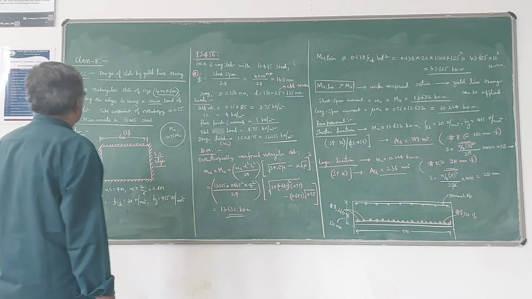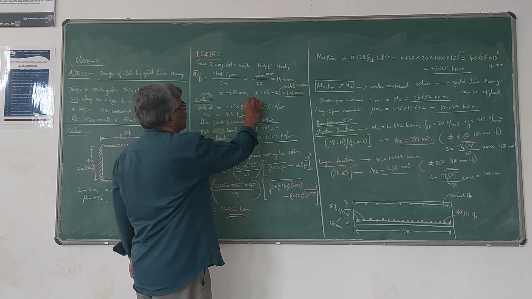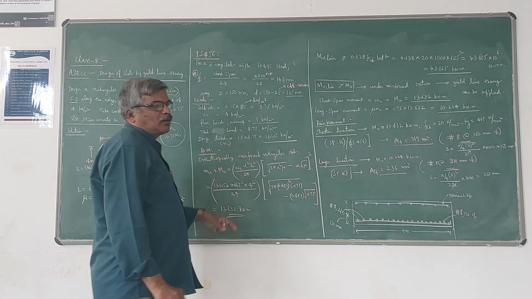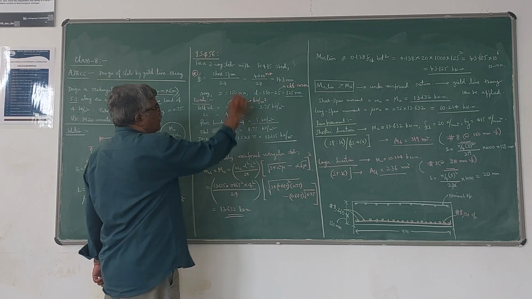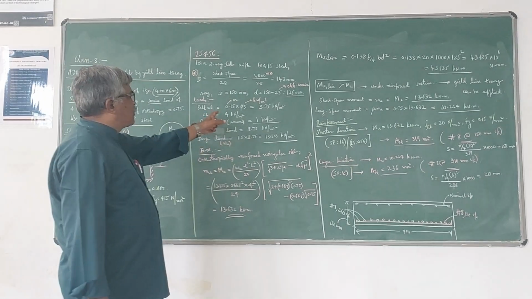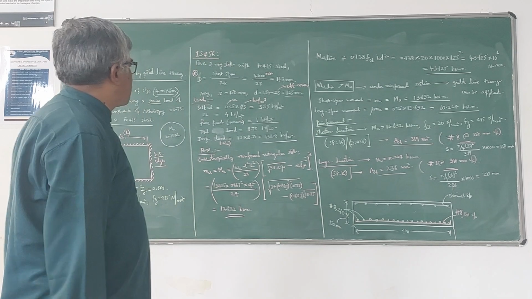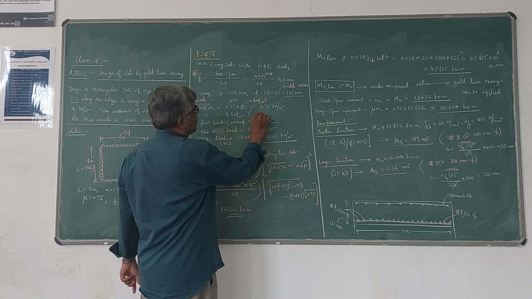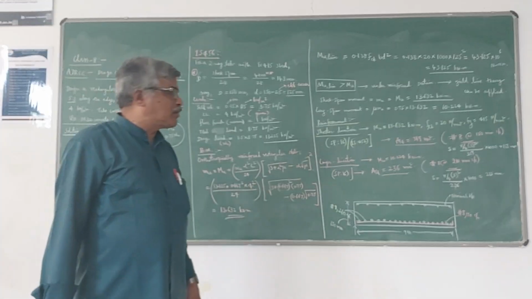Now for self weight, of course, 25 kilonewton per meter cube is the density of concrete. We have assumed an overall depth of 150 mm, so 150 mm means 0.15 meter. Multiplying this, we get the self weight as 3.75 kilonewton per meter square. The live load given is 4 kilonewton per meter square, and let us assume a floor finish of 1 kilonewton per meter square.